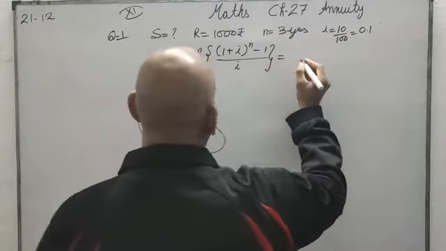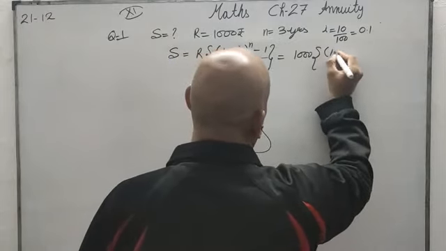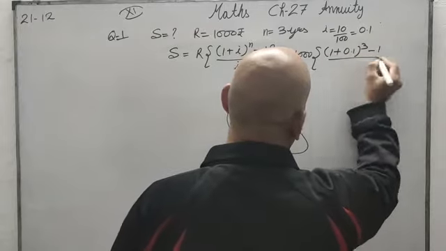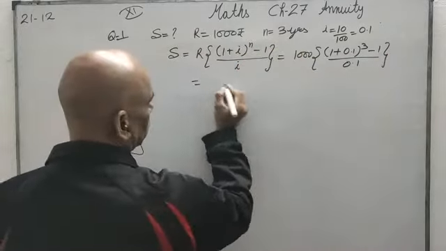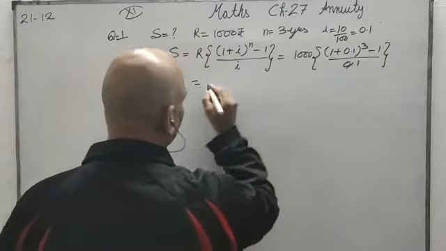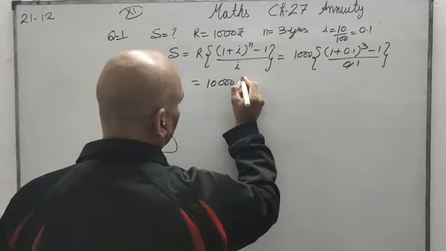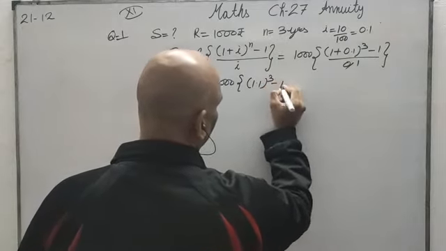So what we got is 1000 times (1 plus 0.1) to the power 3 minus 1, upon 0.1. So due to this 0.1, this becomes 10,000, and thereafter this is 1.1 to the power 3 minus 1.